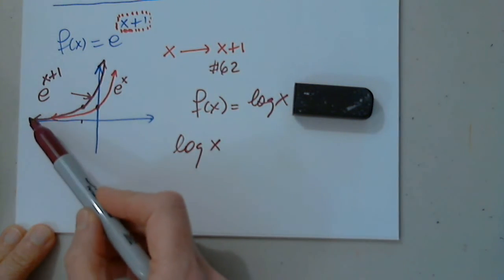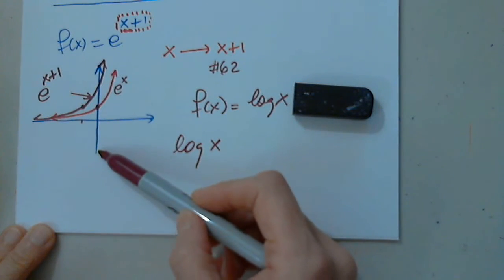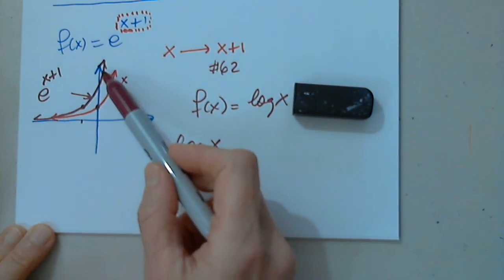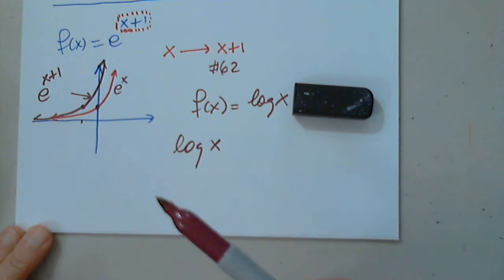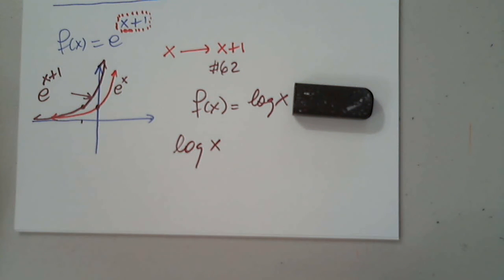Common log is a function that is either increasing on all its domain or decreasing on all its domain. How do we know? It's okay if you're wrong, just tell me your idea. What do you think from what we discussed so far?